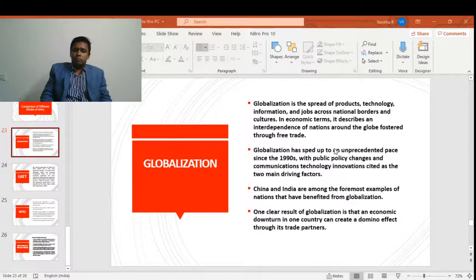As far as I know, India is the best example. You go to any tier two, tier three town, and you will see people using smartphones and every type of application on their phones.